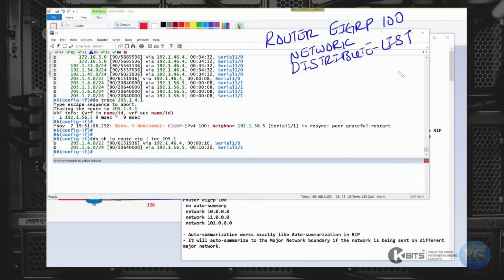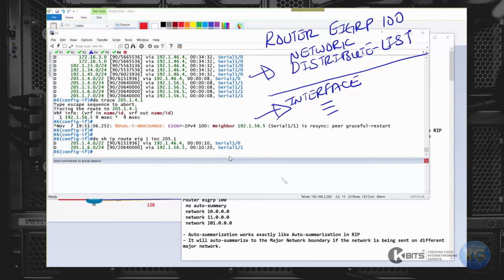Correct? But where was my authentication? Under the interface. Where was my summarization? It was under the interface. So I had to do some config within the routing, some config under the interface. Correct?